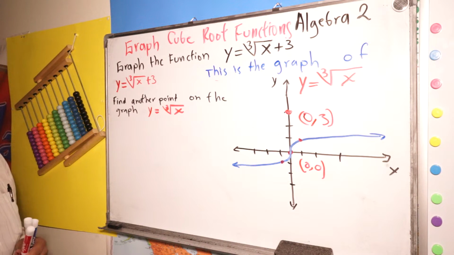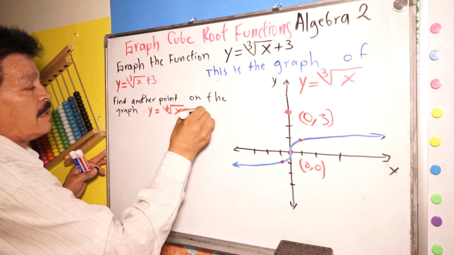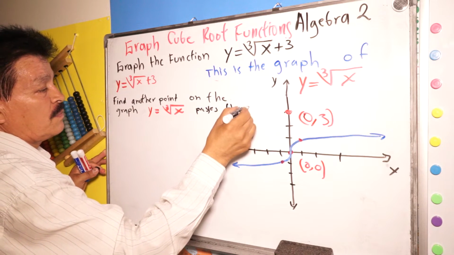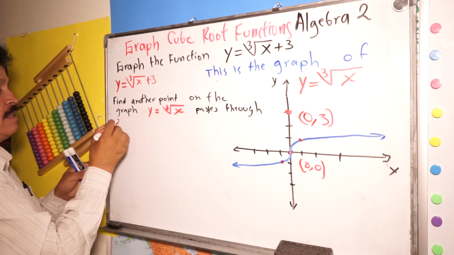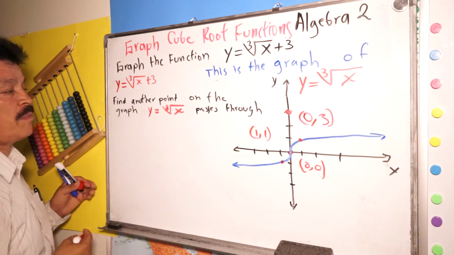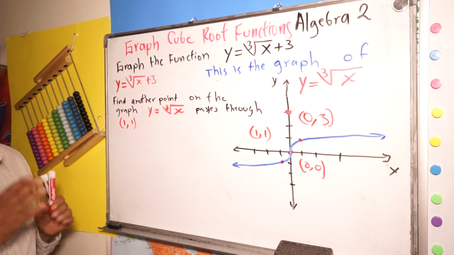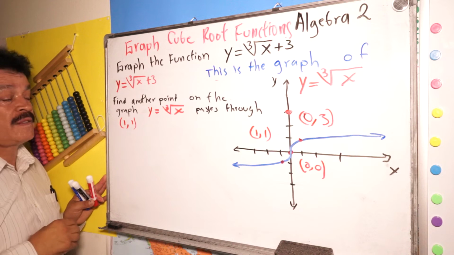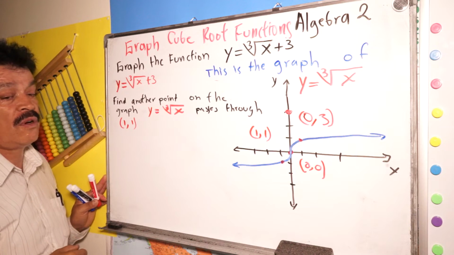In this case the other point is 1, 1. This is the other point. Keep track of this point as you apply the transformation on y equals cube root of x.